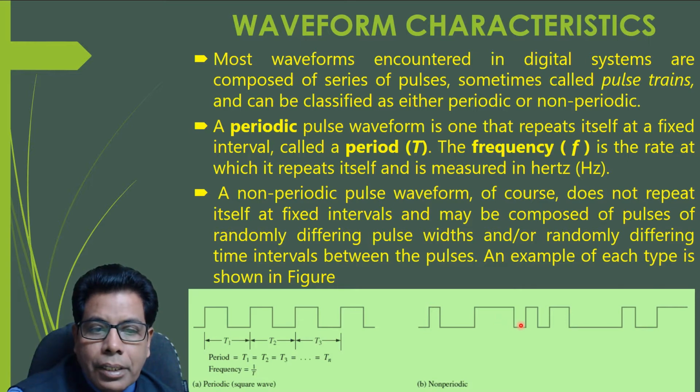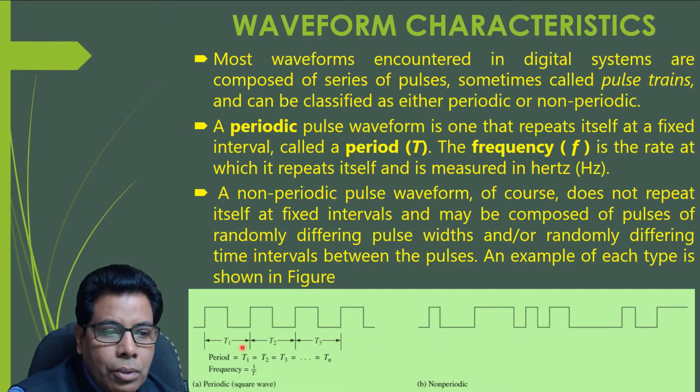Again, it has become narrow. Here again, it is in between these two. So this is randomly differing pulse width, and the time interval is also different. So it is a non-periodic wave. Of course, both are digital because they have only high and low. That's all.